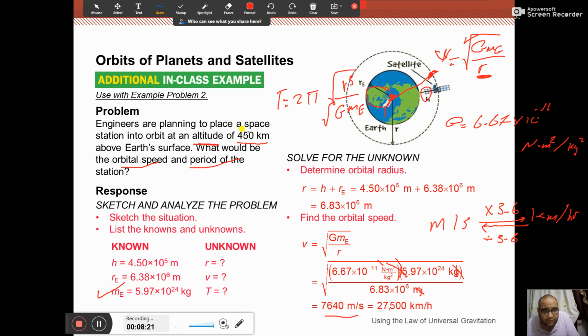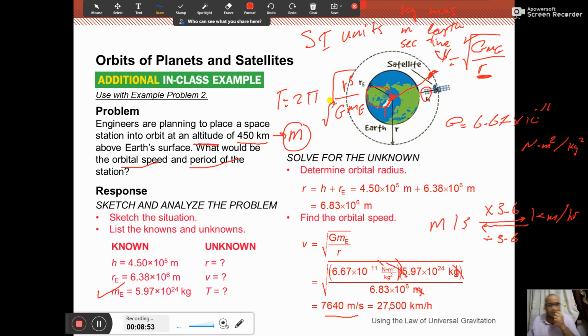But here I need to ask you to notice something. The altitude is presented as 450 kilometers. While you are solving, you have to change it into meter, because we are working in SI units: kilogram for mass, meter for length, and second for time.